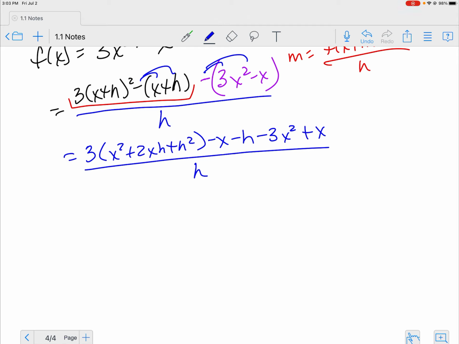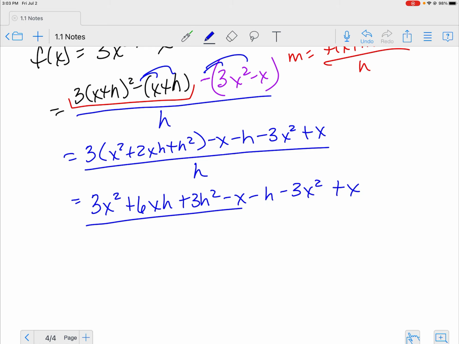This is all over h. Most things to do with the difference quotient is just the algebra that gets there. Distribute this 3. 3x squared plus 6xh plus 3h squared minus x minus h minus 3x squared plus x, all over h. Now clean it up.